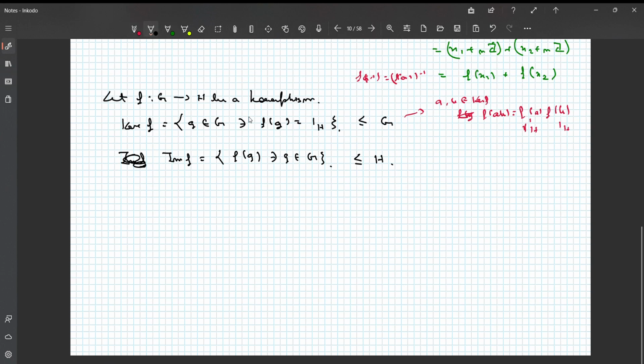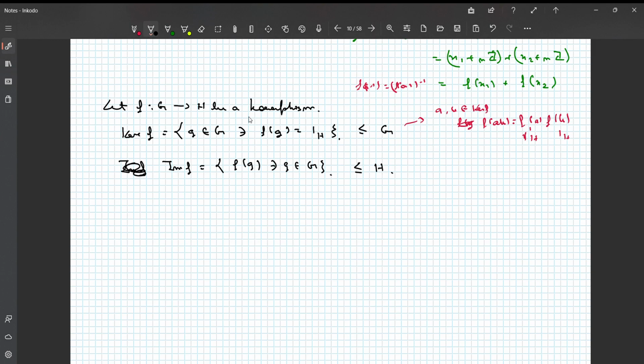A very important property to notice here is, let me write it as a lemma: a homomorphism f from G to H is one-one if and only if the kernel of f consists of only the identity element. Since the kernel of f is a subgroup of G, this identity element represents the identity of G, so I'm not specifying it every time.